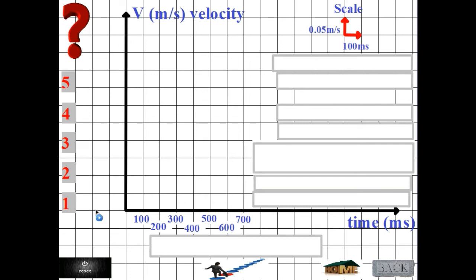Second graph, velocity. From the table, as we calculated the values for V1 and V2 and V3 till V6, we will take the values from the table. First 0, 0. Second, at 100 millisecond, it was 0.055 meter per second.